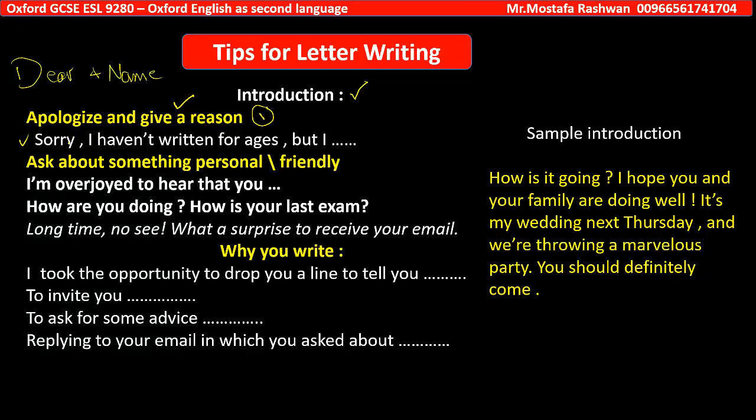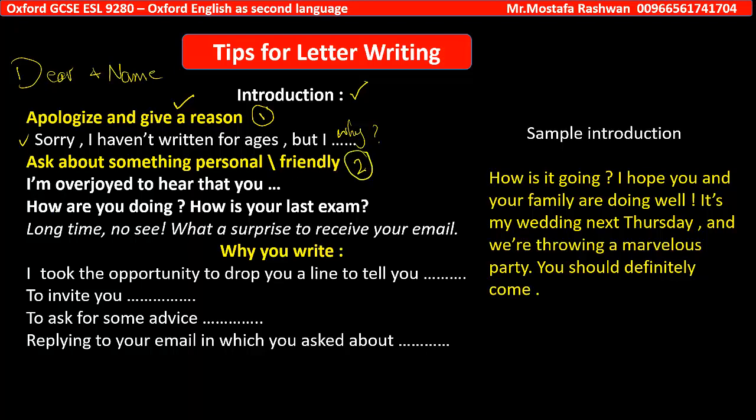Example: sorry, I haven't written for ages, but and here give him the reason why you didn't write to him for so long. This is a good way to start a letter.